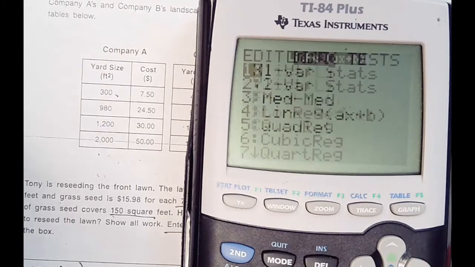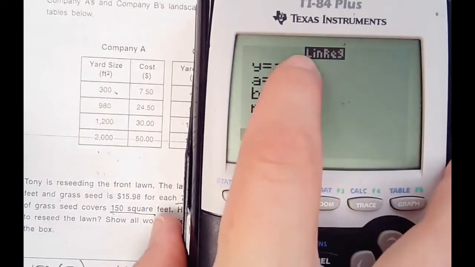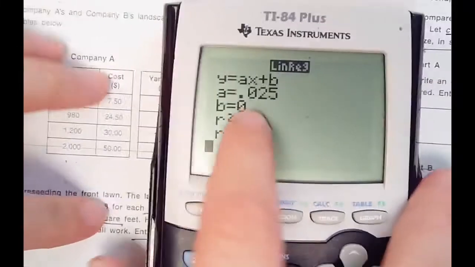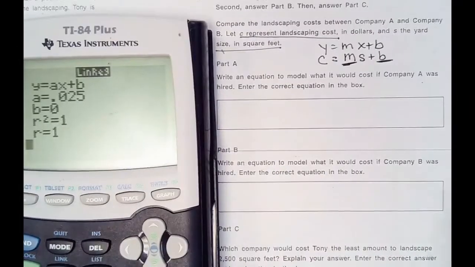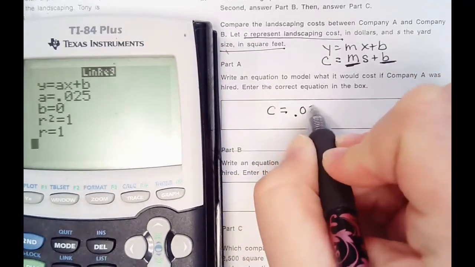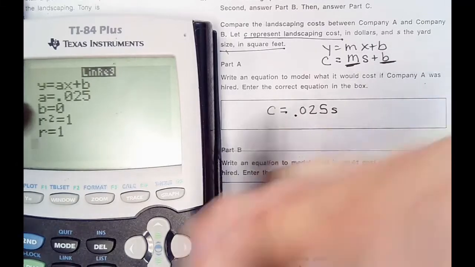So r is 1, so I know this fits perfectly. So where a is, that's our m. So our first equation is C equals 0.025 S, and our y-intercept is 0. So it would be plus 0, but we don't technically need that.